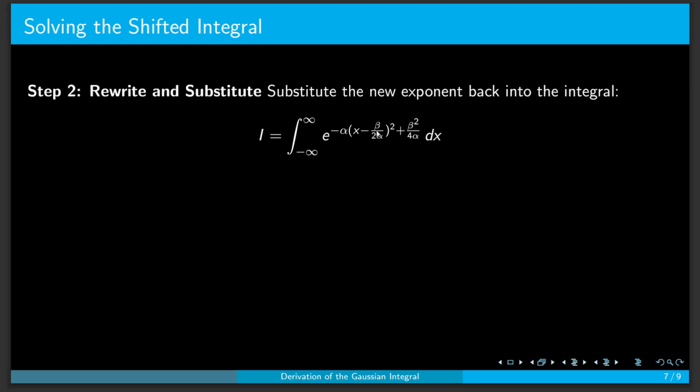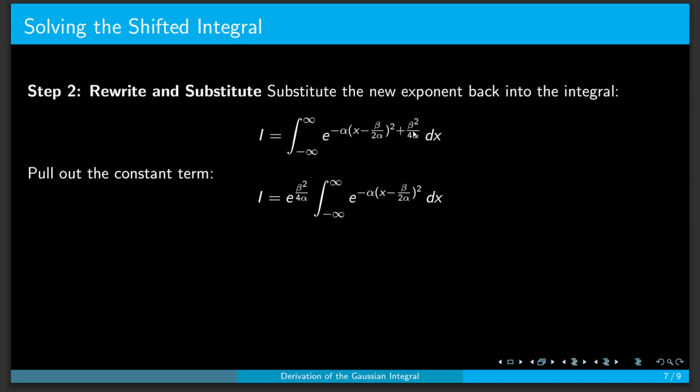We have this term. Now what you can see here, we have this plus beta squared over 4 alpha, which we can separate out because there is no x term with this beta squared upon 4 alpha. So we pull out the constant term. Now we are left with this term.